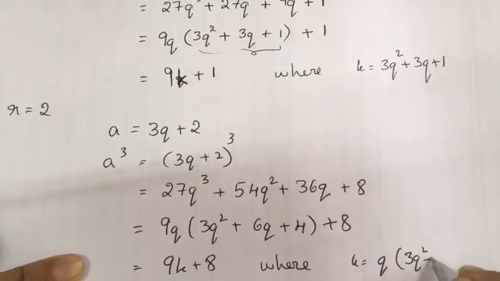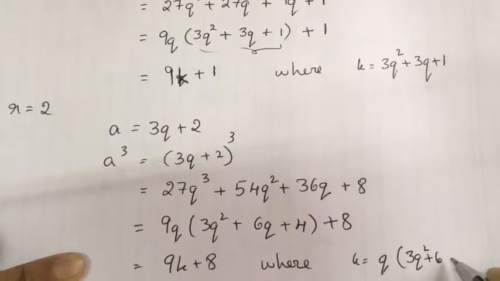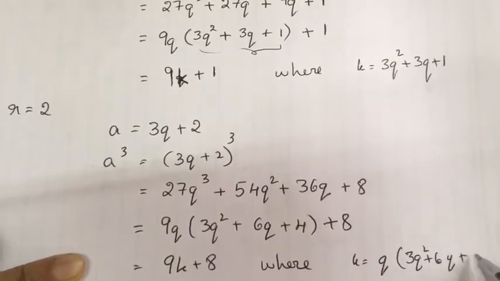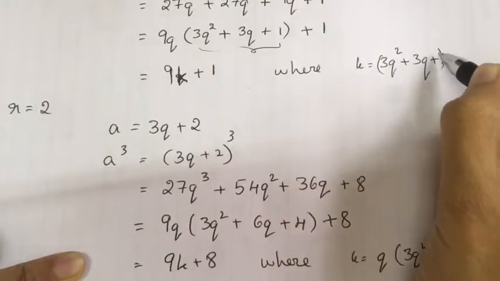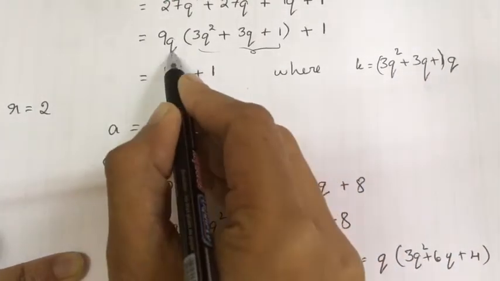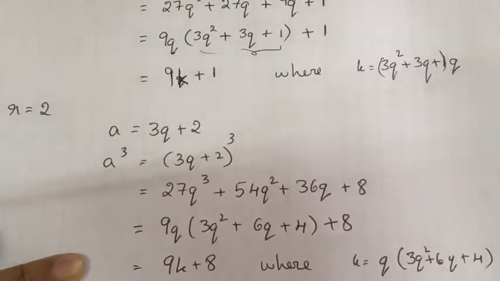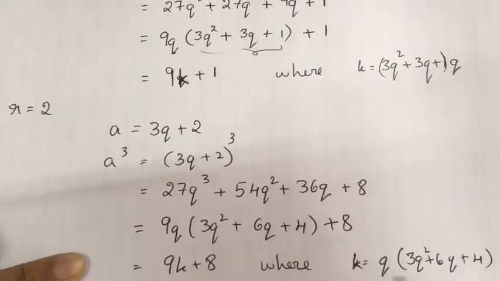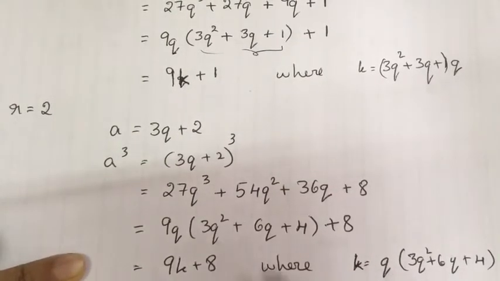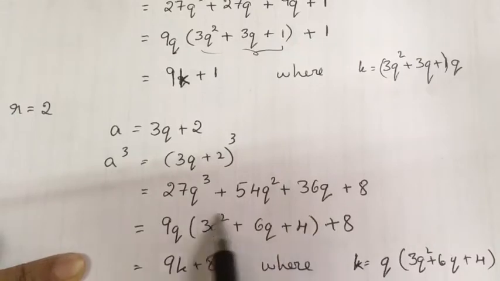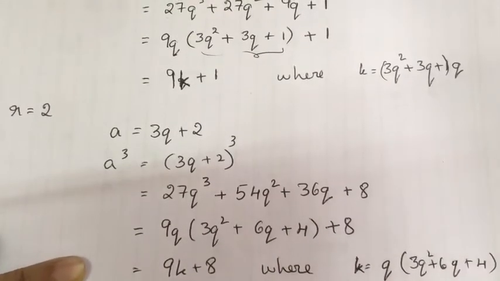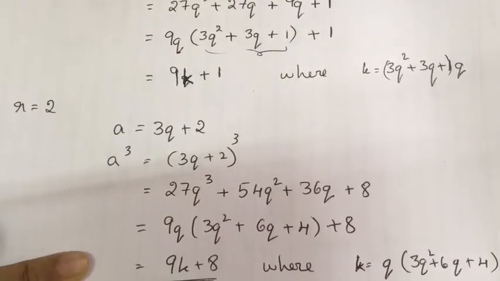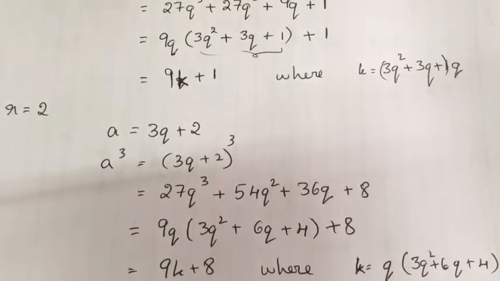I'm sorry, here I just missed one q. This whole thing is multiplied with this q. So here I have to write k equals q into 3q square plus 6q plus 4. See, in this case, the cube of the integer is of the form 9k plus 8.